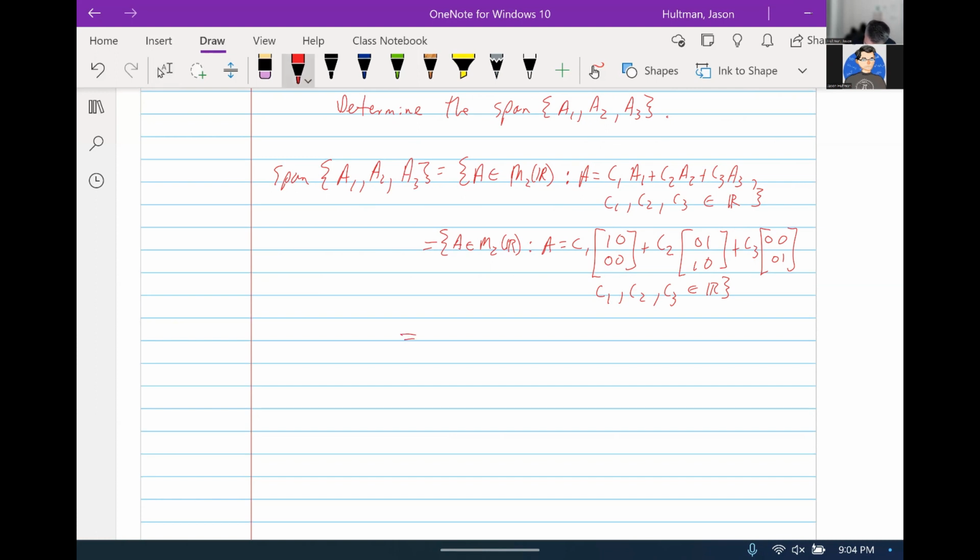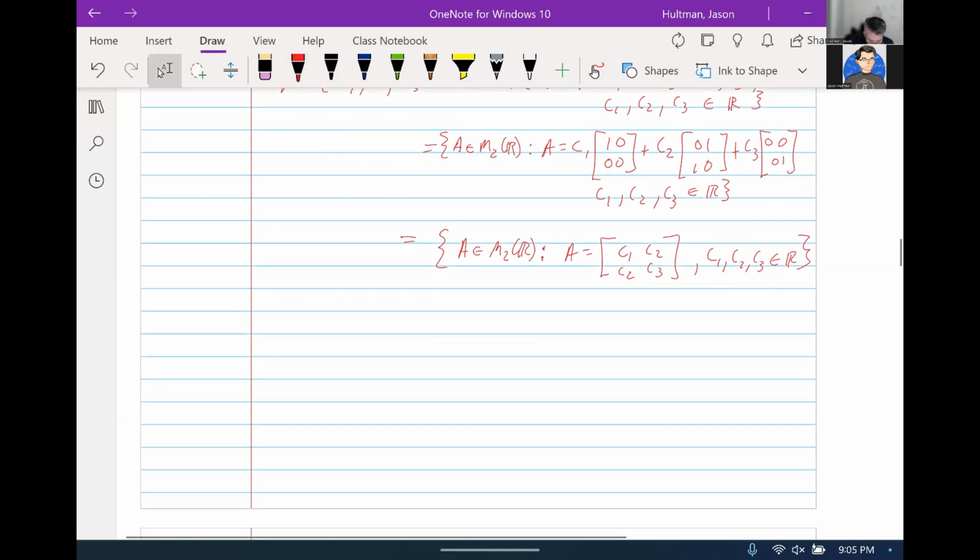So this is equal to A, an element of M2R, such that, if I were to distribute this and add it all together, A equals C1, C2, C2, C3, given C1, C2, C3 are elements of R. And this guy here, C1, C2, C2, C3, that's a symmetric matrix.